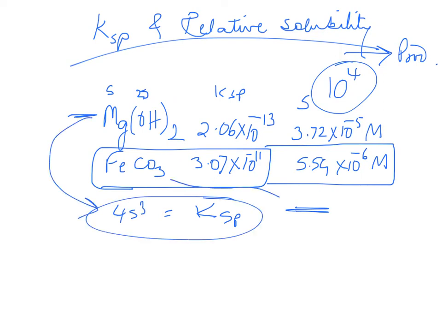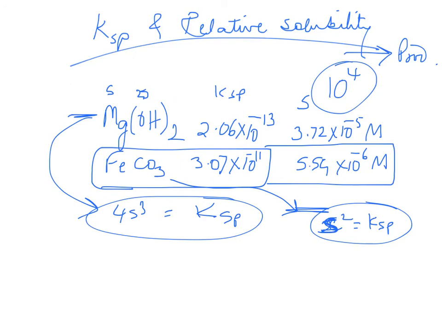On the other hand, FeCO3 is going to give just one iron and one carbonate. That means S squared is going to be equal to KSP. So the way you calculate the value of S is going to be different. You can't really compare between two salts of different types.